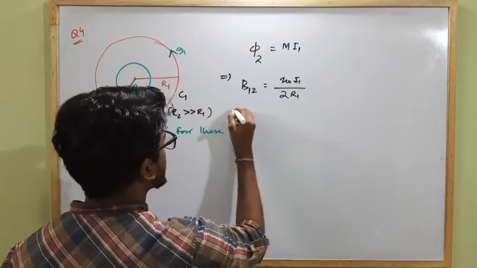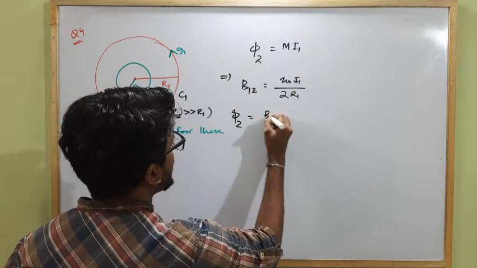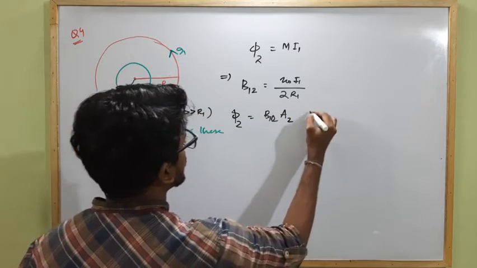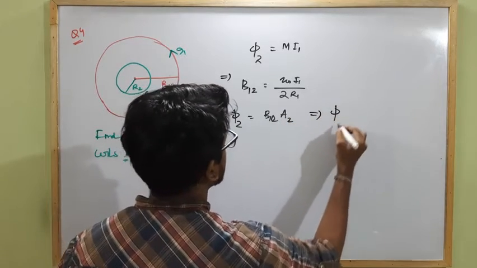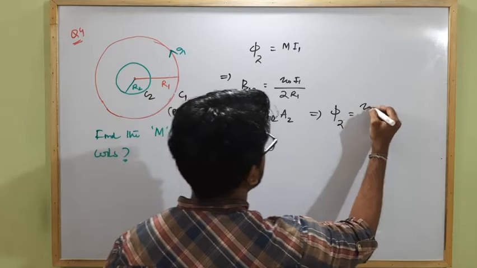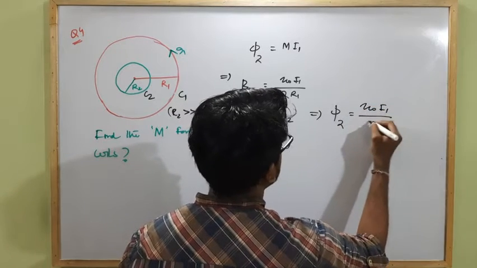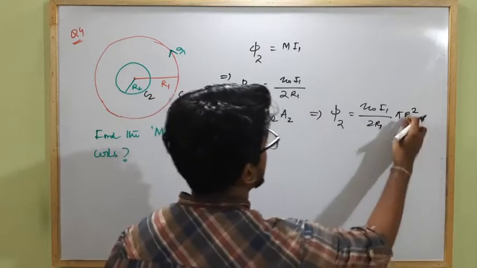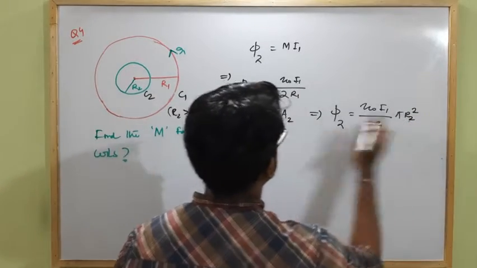So the flux linked with 2 will be B12 into area of the second coil. So you can write the flux linked with 2 as mu naught I1 divided by 2 R1 into pi R2 square, the area of the second coil.